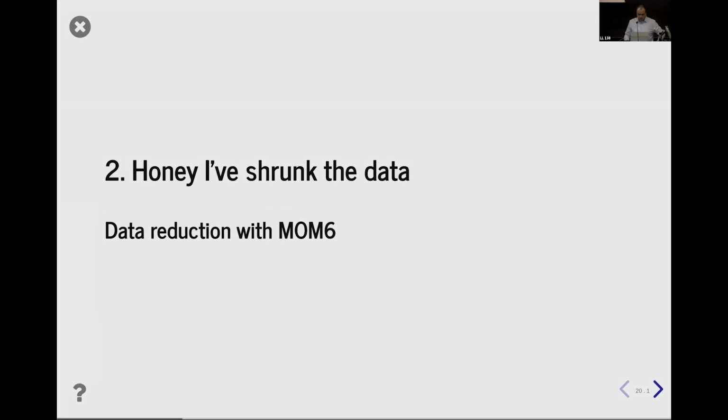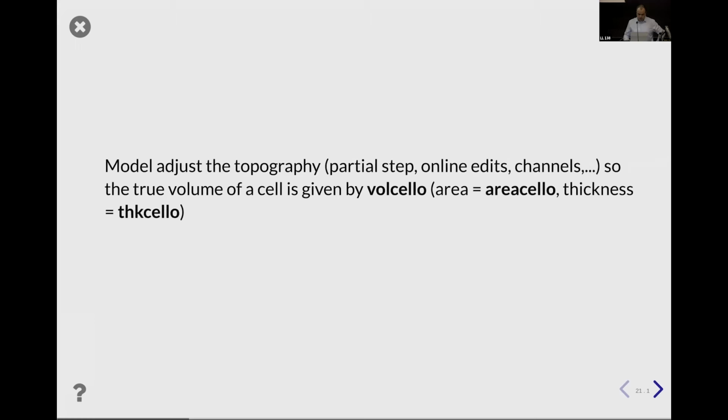Now I want to talk a bit about data reduction. One important thing to remember is that we're writing a lot of variables like vol celo, area celo, or THK celo, which represent the volume, area, and thickness of the cell. Those are the proper metrics that you need to use if you're doing some data reduction.